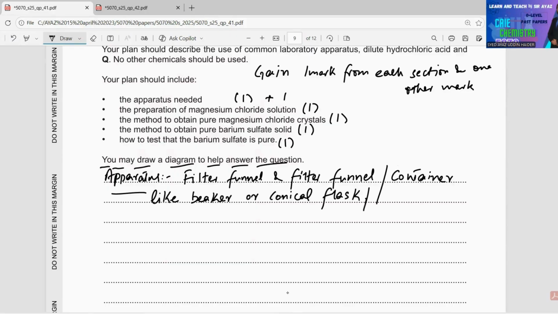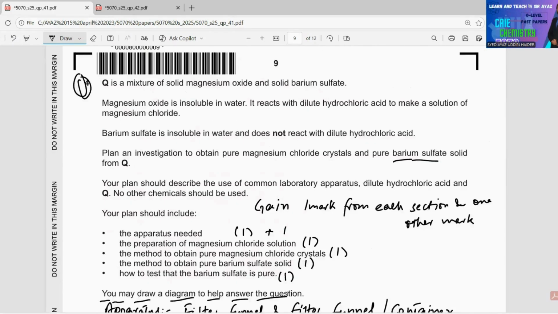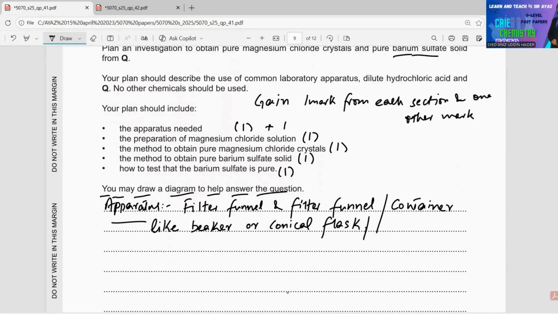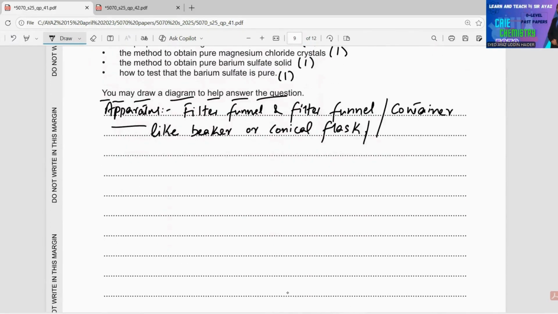What else is needed? If you look at this, we need to heat also, in order to get the crystals of the soluble salt. So for this purpose, you need a Bunsen burner. The marking key suggests you can even use a heater or water bath.